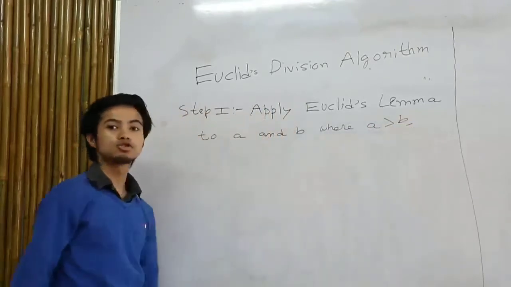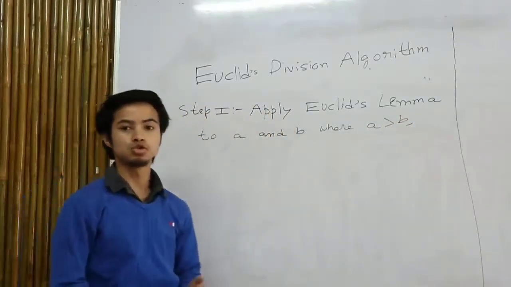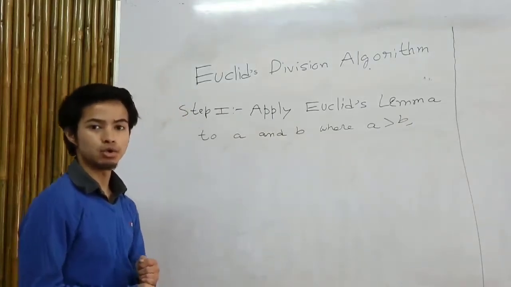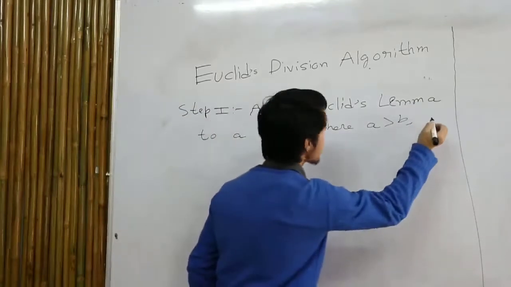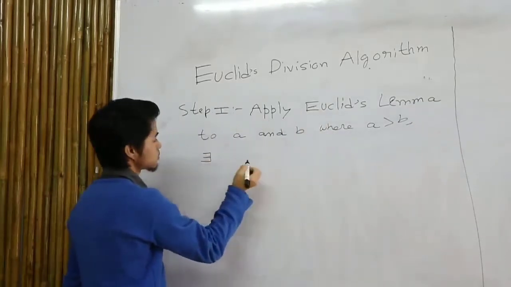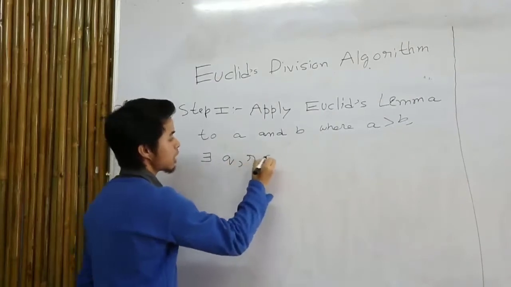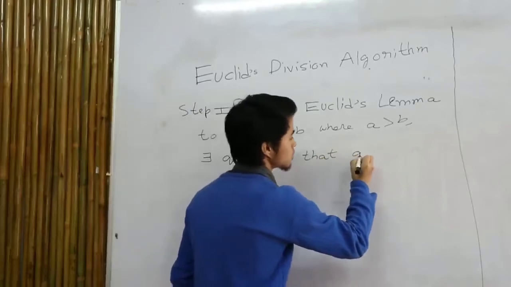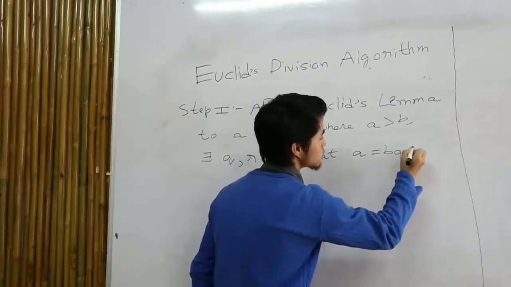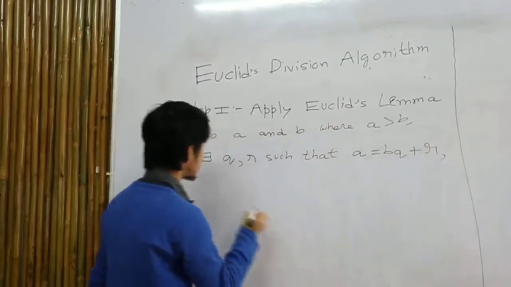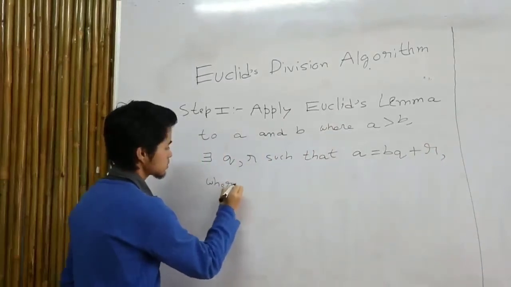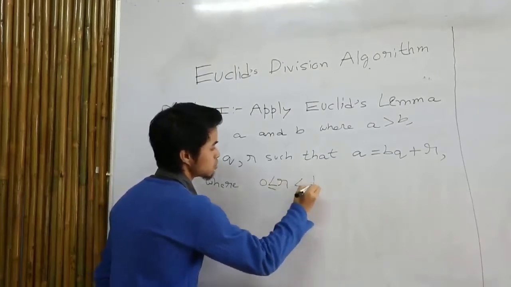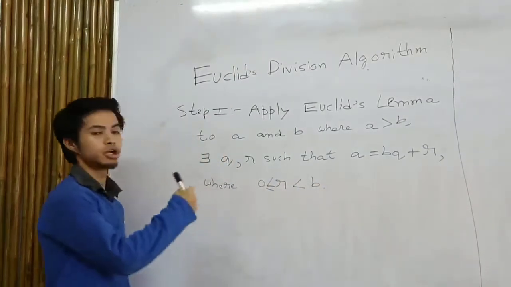Then according to Euclid's lemma, there must exist 2 whole numbers, which we denote by q and r, such that we can write a in this form: a is equal to bq plus r, where r is greater than or equal to 0 but strictly less than b. This is according to Euclid's lemma.